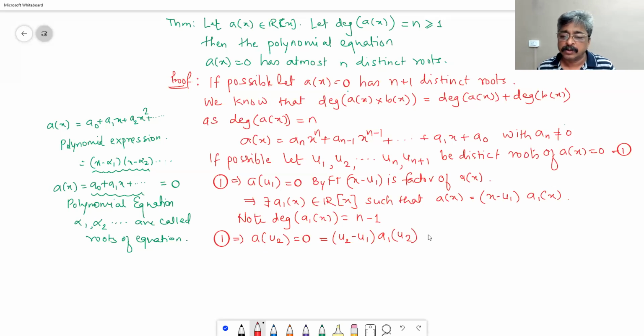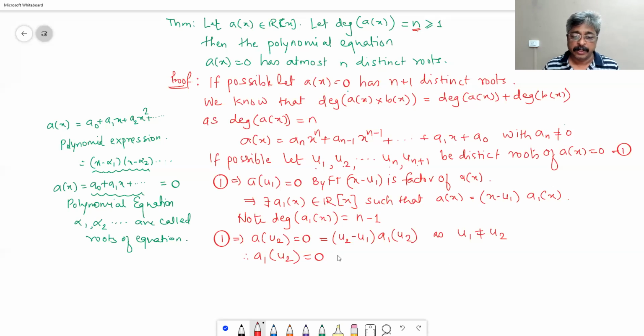As u1 is not equal to u2, a1(u2) is equal to 0. Question: shouldn't the degree of a1(x) be n because a(x) is n plus 1? No. The degree of a(x) is not n plus 1. We are assuming a(x) has n plus 1 distinct roots u1, u2, u3, ..., u(n+1). The degree of a(x) is given to be n.